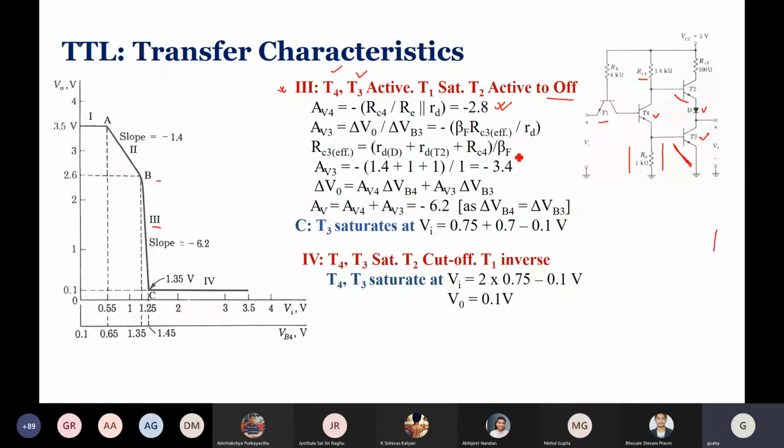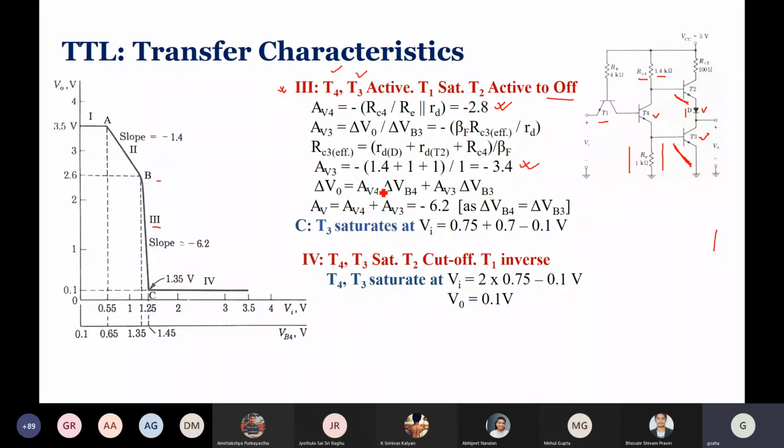So effectively this beta F cancels out. So basically RC3 is this resistance RD, the RD part of it, and RD over here, which is 1.4, 1 and 1. And there is a negative sign because of the difference in phase. So this makes it minus 3.4.